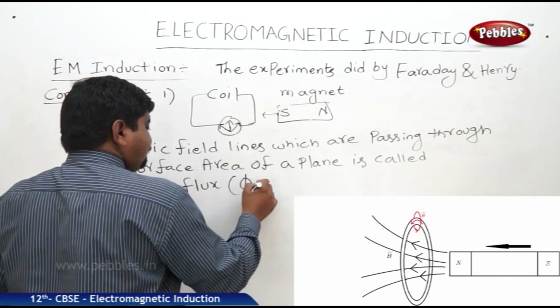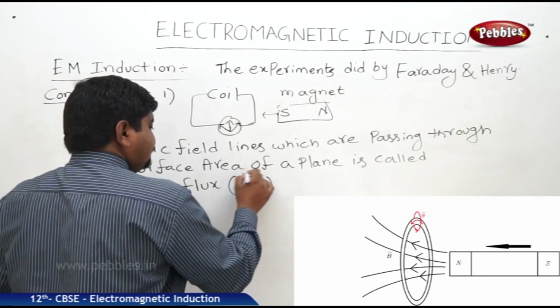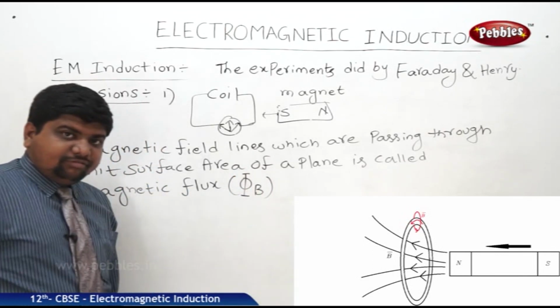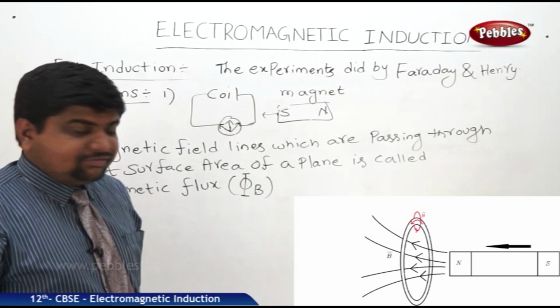The symbol is phi B, where B indicates the magnetic field.